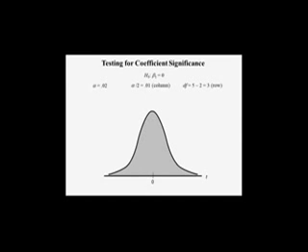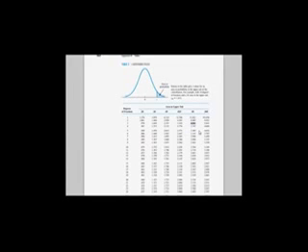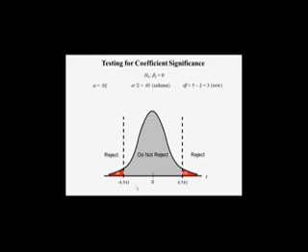We had 5 observations, and we estimated 2 parameters, beta 0 and beta 1. So the degrees of freedom are 3. So we're in row 3 of the t-table. When you go to row 3 of the t-table, and you're in column 0.01, the critical value is 4.541. So we have a negative 4.541 and a positive 4.541. And we have 2 critical values because we have a 2-tailed null hypothesis test.